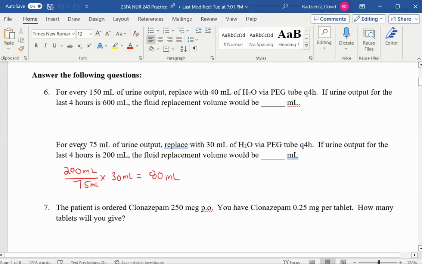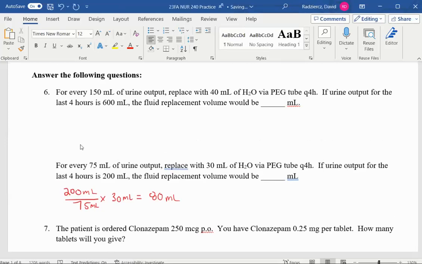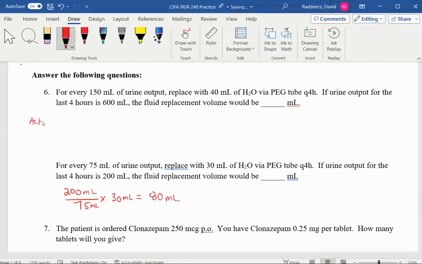One of the things I've done over the past couple semesters is come up with a strategy: I take my actual urine output over the expected urine output times my replacement volume.